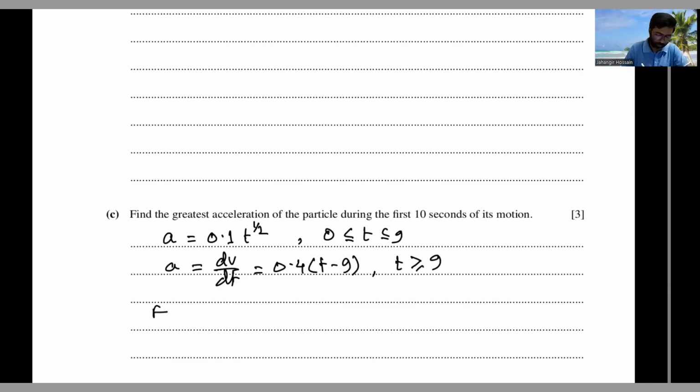So let's find it directly at t equal to 9. The acceleration from the first one is 0.1 into 9 to the power half, that's 0.3.